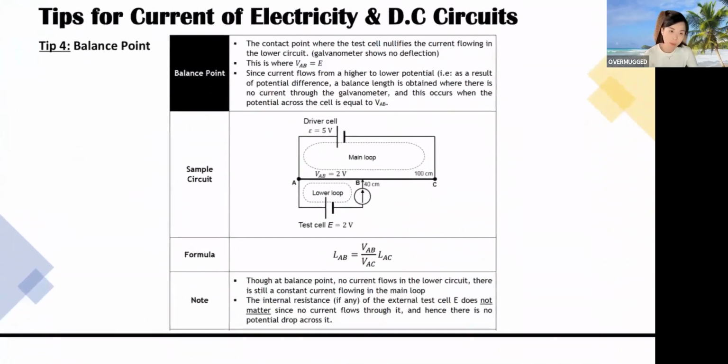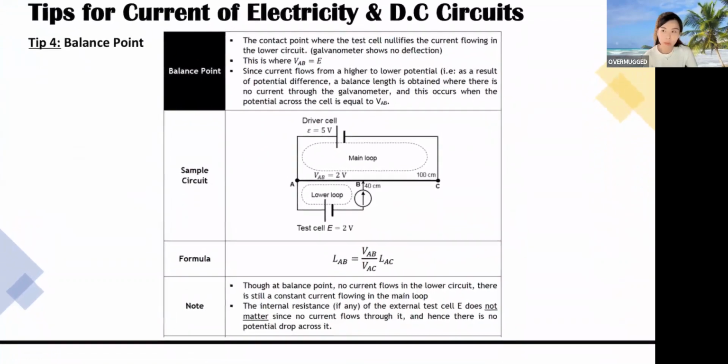Okay, then the more popular one is this thing here called the balance point, whereby when we talk about balance point, this is the contact point on your potentiometer wire where the test cell is nullified, meaning to say that there will not be any deflection in your galvanometer. And when there is no deflection in your galvanometer, just remember that the voltage measured across here will be equivalent to the EMF of your driver cell.